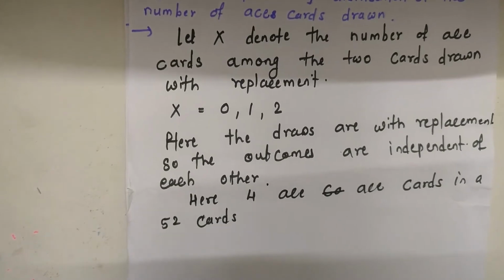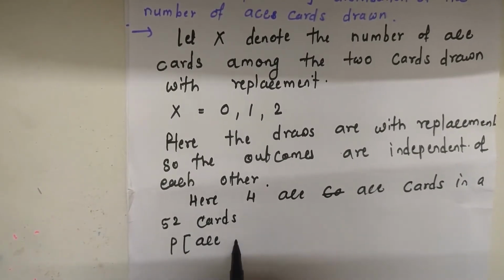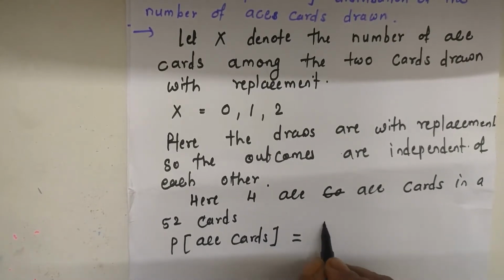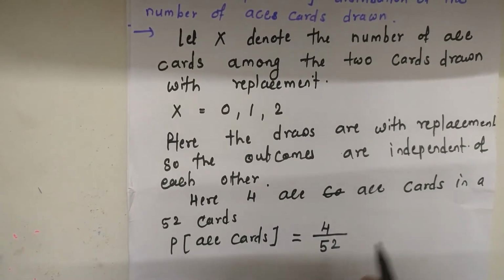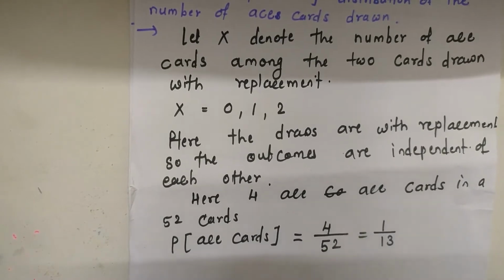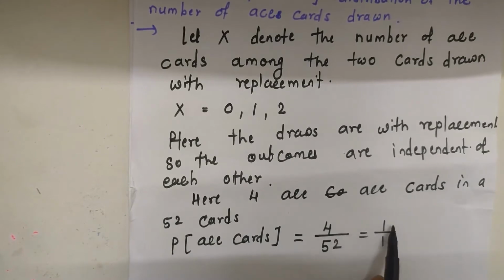So the probability of an ace card is equal to 4 out of 52, and in shortest form it is 1 upon 13. So the probability of an ace card is equal to 1 upon 13.